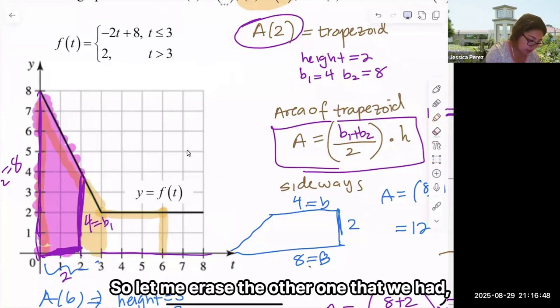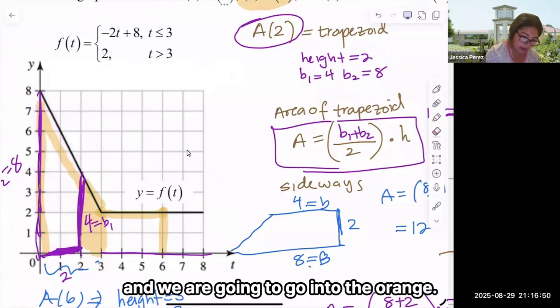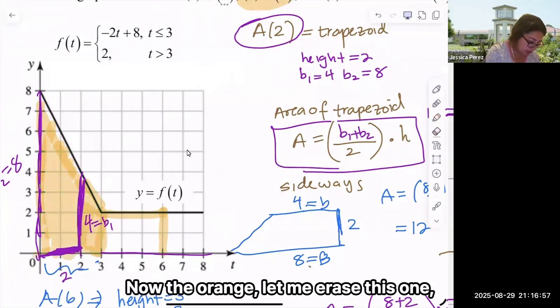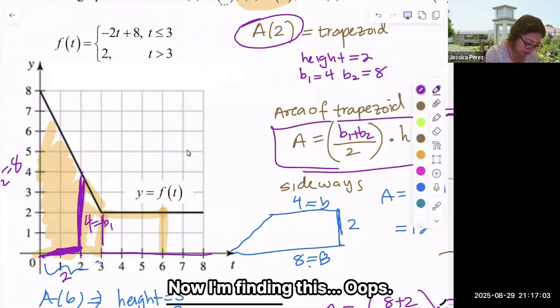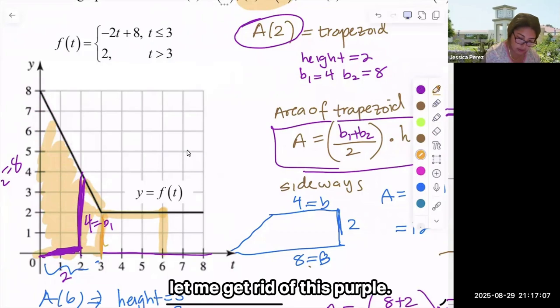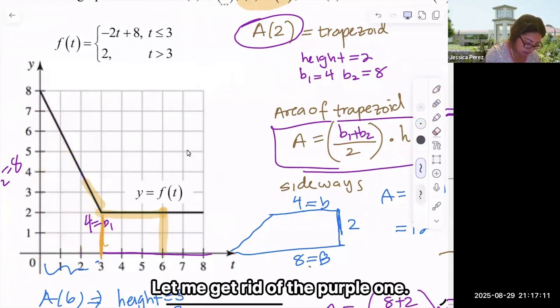Let me erase the other one that we had, and we are going to go into the orange. Now I'm finding this orange one. Let me get rid of the purple one.